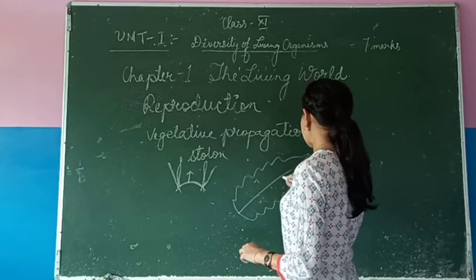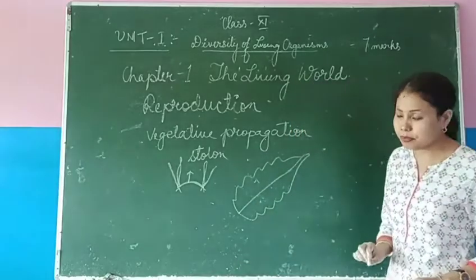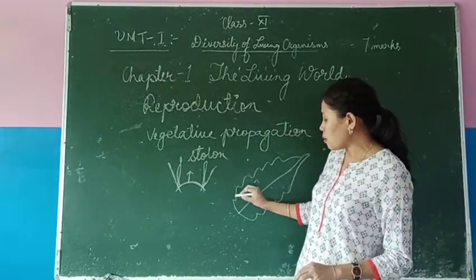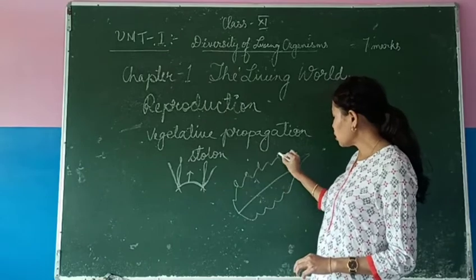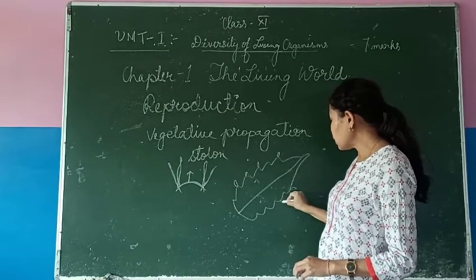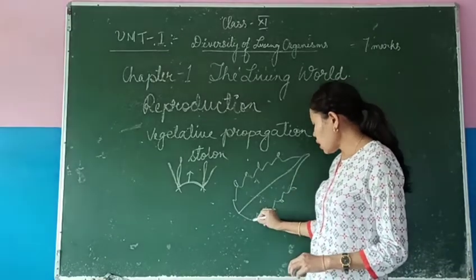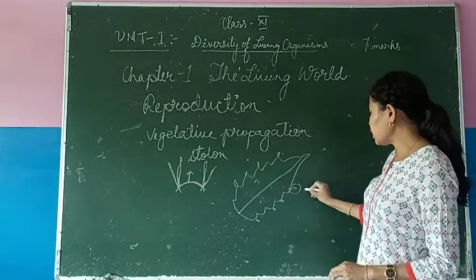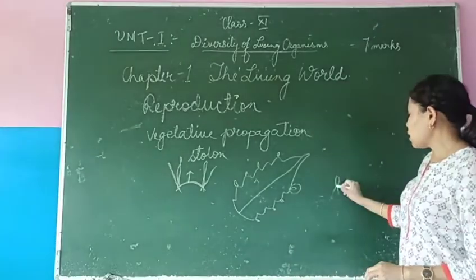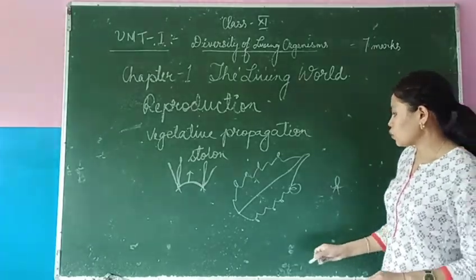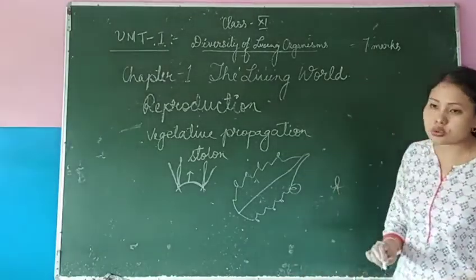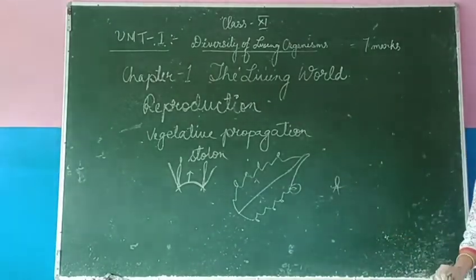Another very typical example is a succulent plant called Bryophyllum. The Bryophyllum has small buds coming out from the margin of the leaf. Alright? When you detach this bud and place it at another suitable place, it can grow into a new Bryophyllum plant.